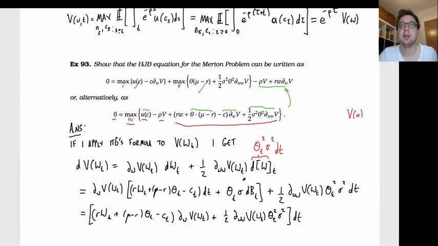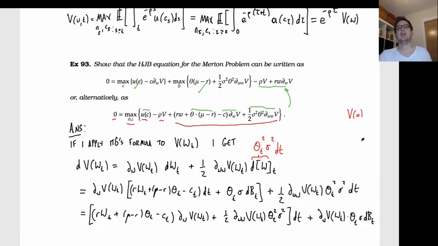Then I've got my final diffusion part, which is the partial derivative of V times theta(t) sigma dB(t).